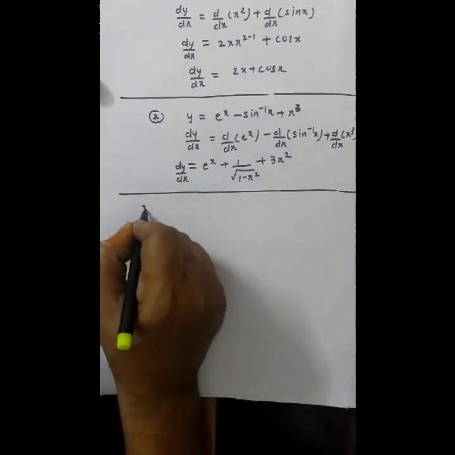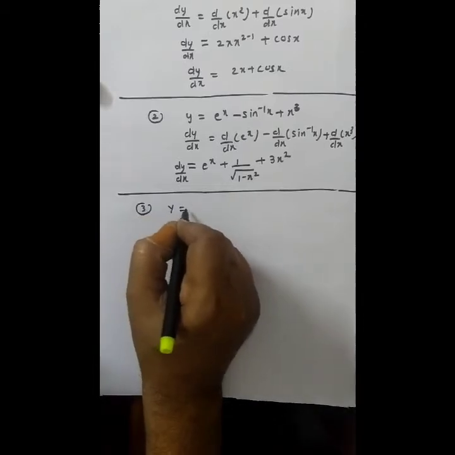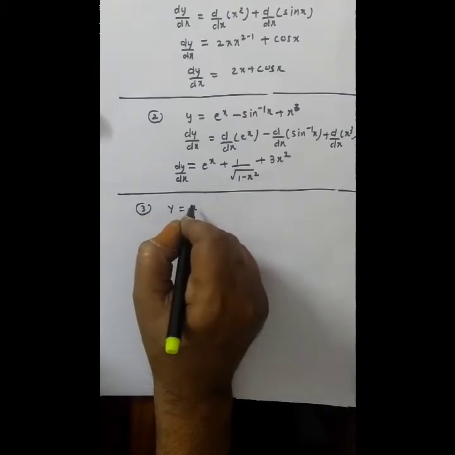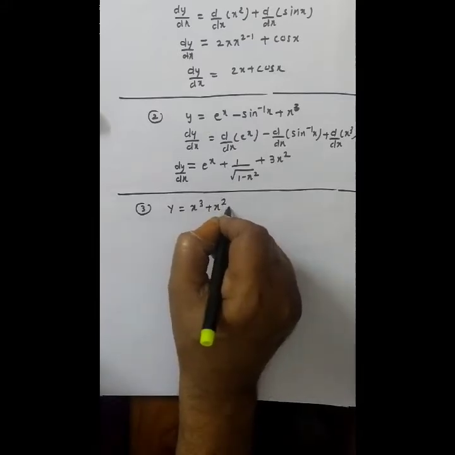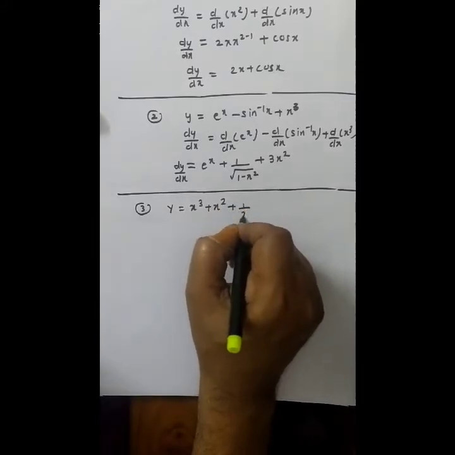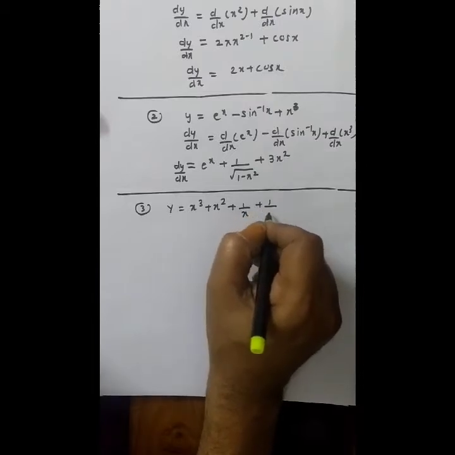Y equals to x cube plus x square plus 1 upon x plus 1 upon x square.